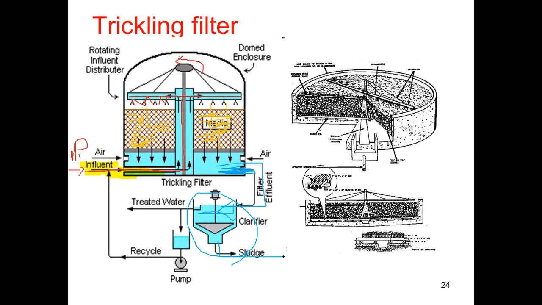Then we can remove the sludge and send it to sludge treatment. Then we can get clarified water from the top of the tank. This clarified water we can send into the tertiary treatment units after disinfecting. Then usually part of the treated water is recycled back to the filtration tank for further purification.